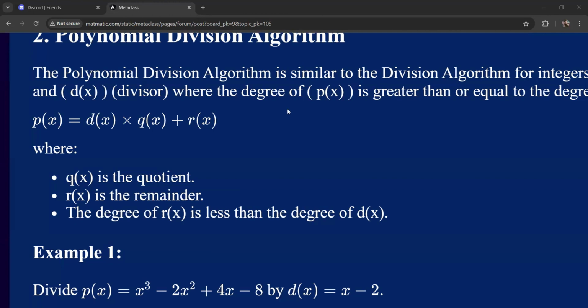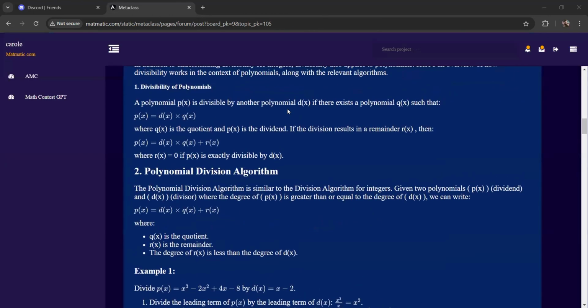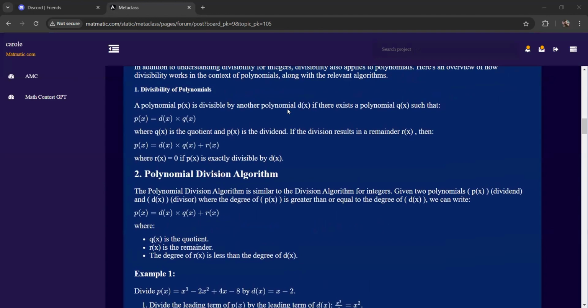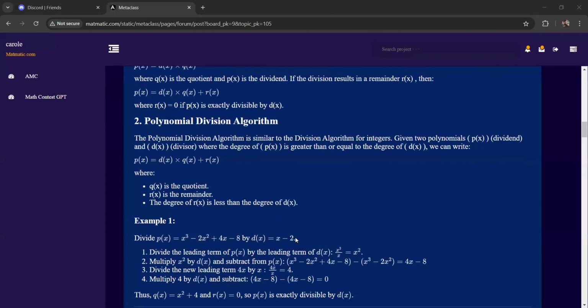Okay, so time's up. All right. So if Fred did not explain to you guys already, we can use polynomial long division to solve this. Let me scroll down.